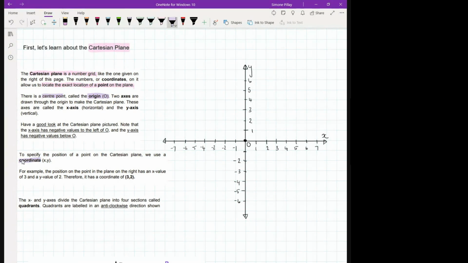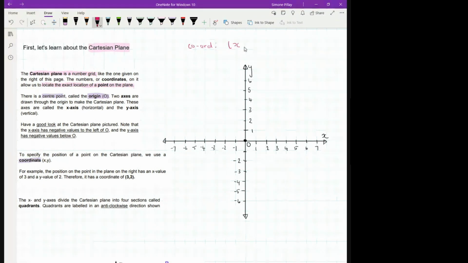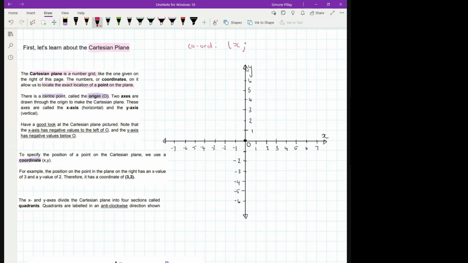And when we use coordinates, we write them in the format (x; y). Super important that you have it in brackets. Super important that you have a semicolon in the middle, and then y.